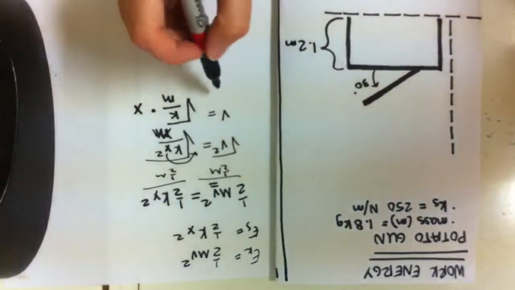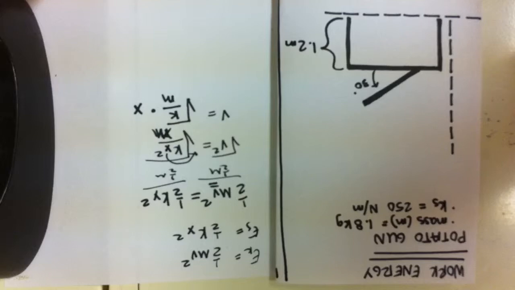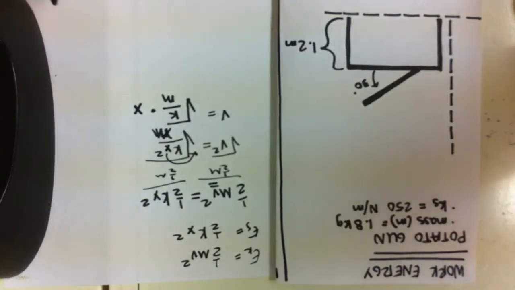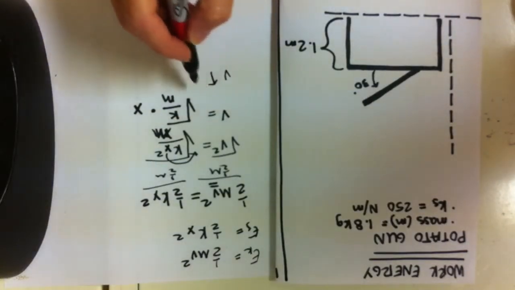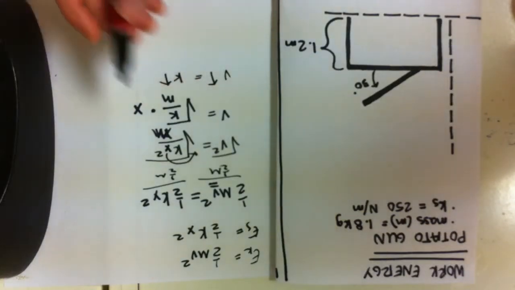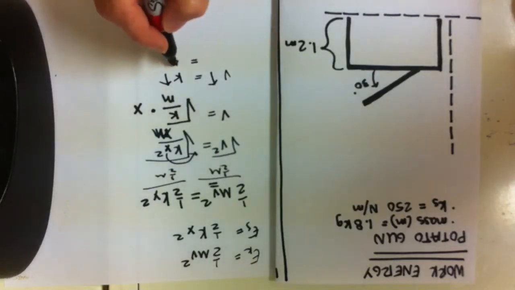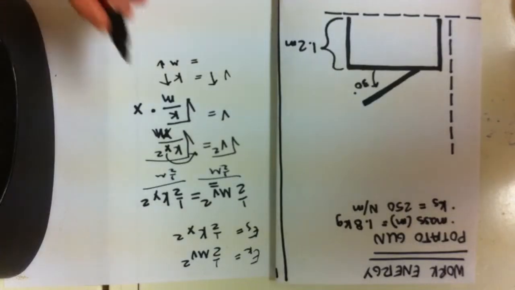And if you look at this, velocity is equal to the square root of the spring constant over mass, times the distance compressed, you start to figure out that velocity can increase whenever k is increased, because this will get bigger, or whenever your mass is decreased.